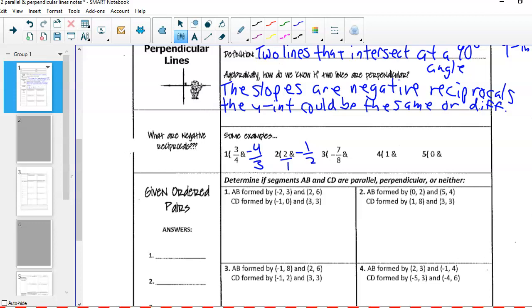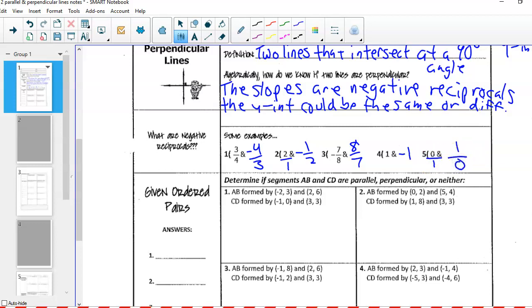The negative reciprocal of negative 7/8. 8/7. So it was already 7/8, so we have to flip those numbers. What about 1? Negative 1. What about 0? If this is 0, if I change this, 1/0.